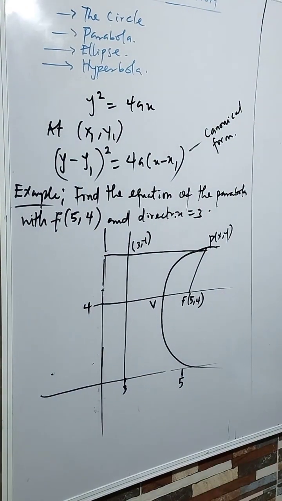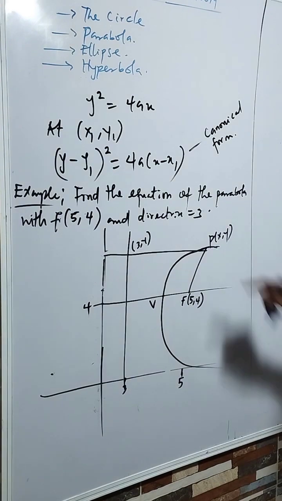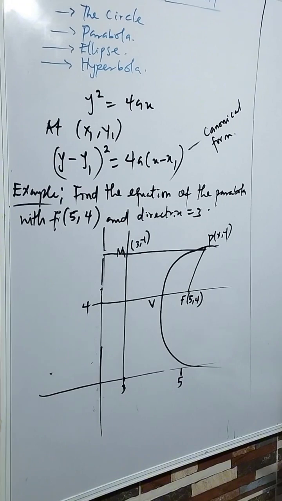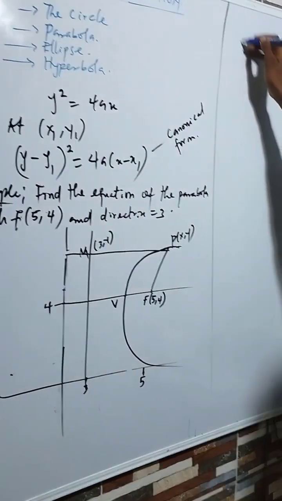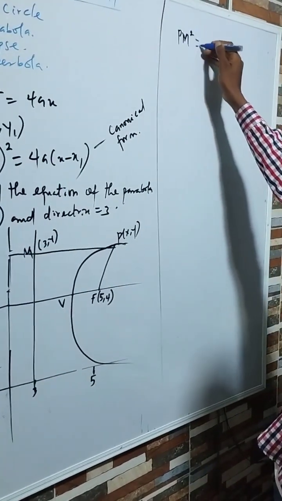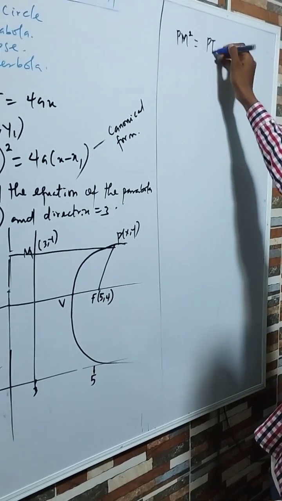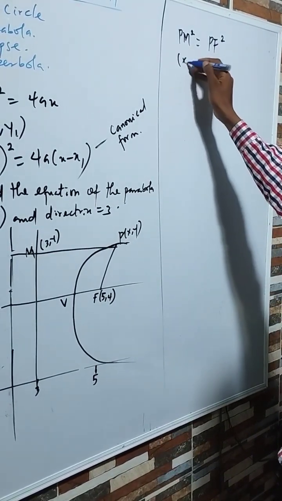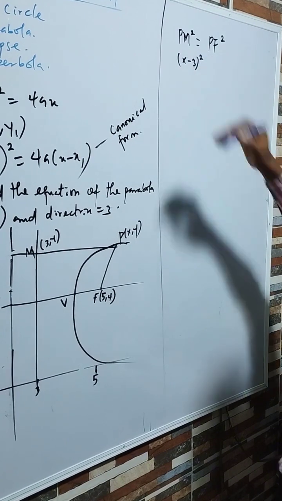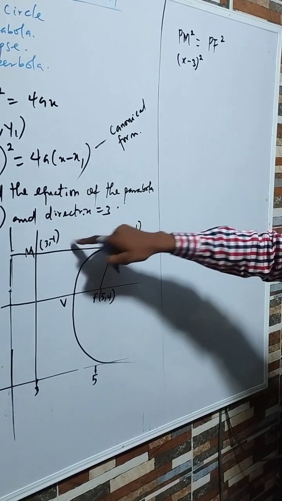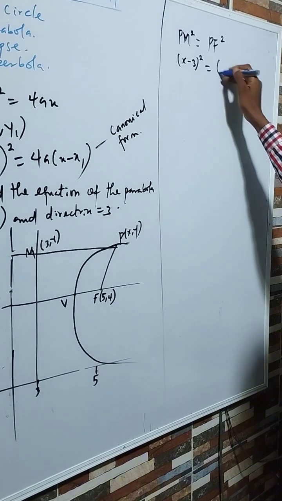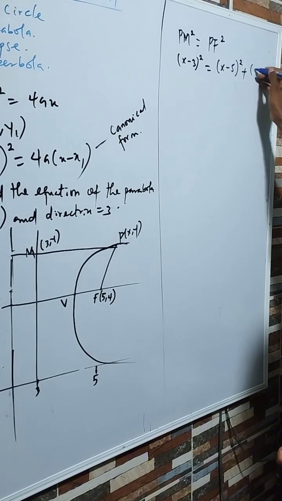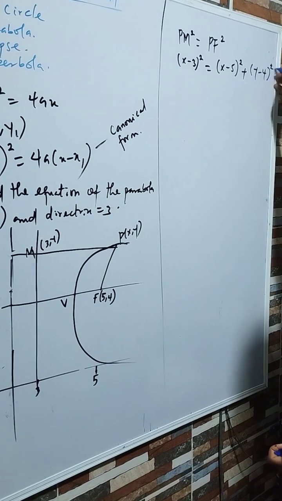So let's quickly solve the question out. Remember I will label this place as my M, which is always what we have been doing. We're going to have PM all square equals PF all square. PM all square means (x minus 3) all square, plus (y minus y), which is 0, equals (x minus 5) all square plus (y minus 4) all square.